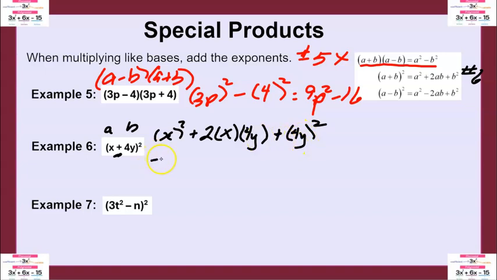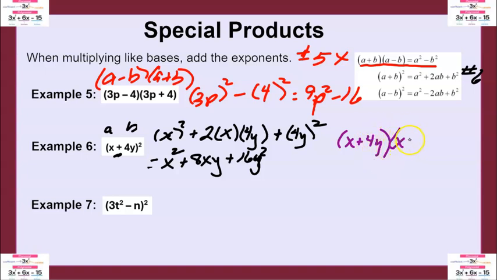And now I can simplify it, which will give me x squared plus 8xy plus 16y squared. Now, if you wanted to use FOIL on this, this is how you would use FOIL. It'd be x plus 4y times x plus 4y.